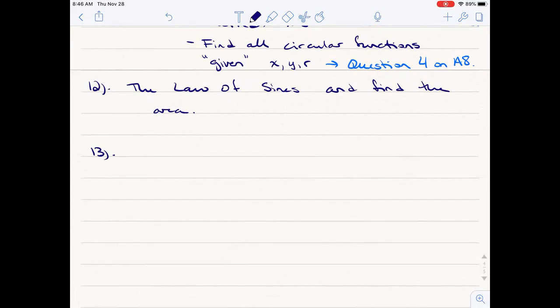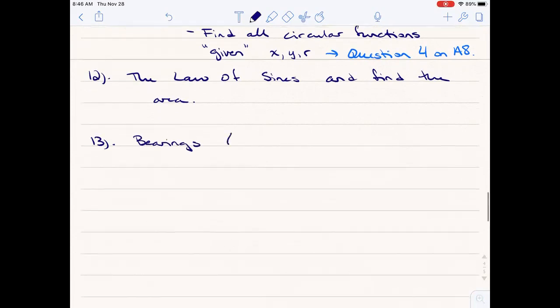Question 13 is going to be on bearings. So definitely a word problem.